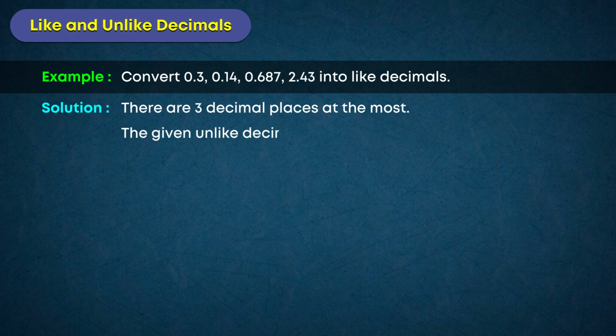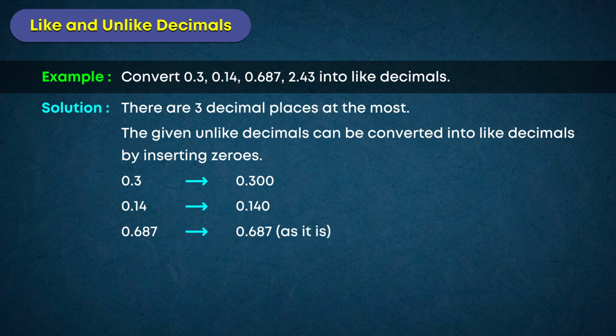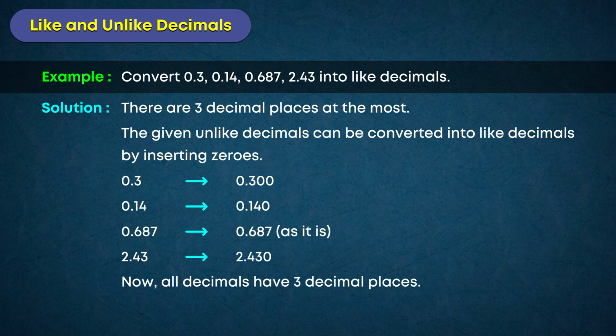The given unlike decimals can be converted into like decimals by inserting zeros. 0.3 is 0.300. 0.14 is 0.140. 0.687 is 0.687 as it is. 2.43 is 2.430. Now, all decimals have 3 decimal places. They are like decimals now.